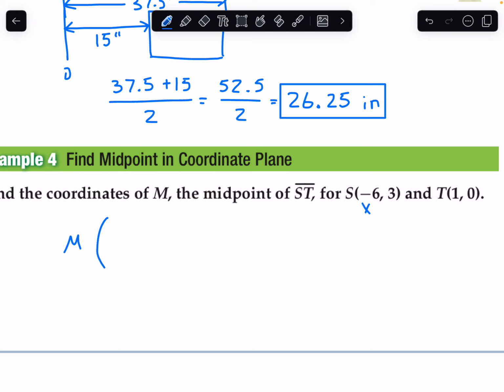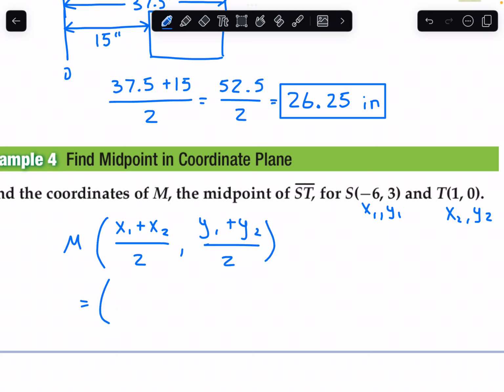So just make sure, we'll label these x1, y1. We'll call this x2, y2. We want to add the x coordinates together and divide by 2. And we want to add the y coordinates together and divide by 2 to find their average.